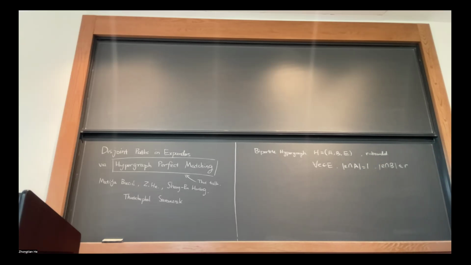Are they different sizes? They can be different sizes. In some applications people consider r-uniform hypergraphs, where you have equality, but in our setting we do a more general case where the rank can be different, but you have this r-bounded. So normal bipartite graphs are what? Yeah, for a normal graph, r equals 1.